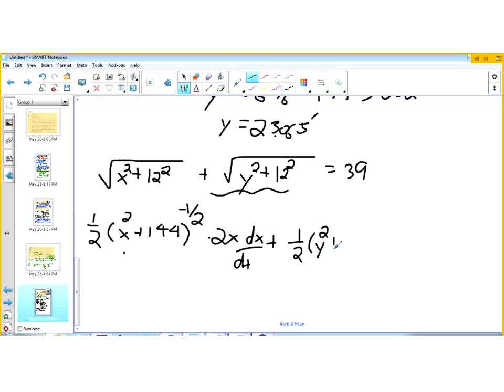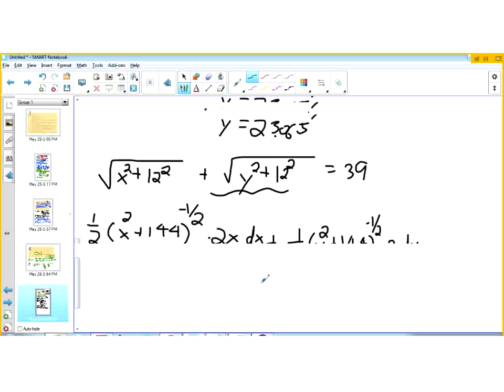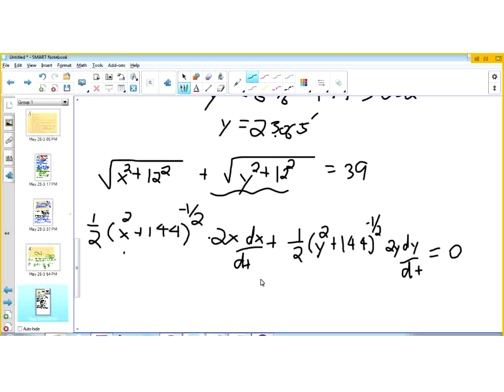So I'll have 1/2 times y squared plus 144 to the negative 1/2 times 2y times dy over dt. And of course, the right-hand side becomes 0 because the derivative of a constant with respect to time is 0.